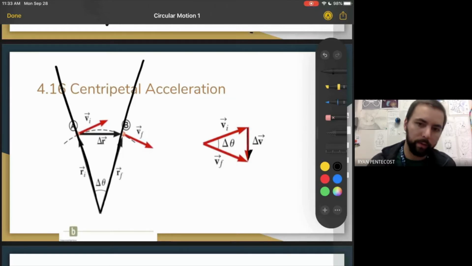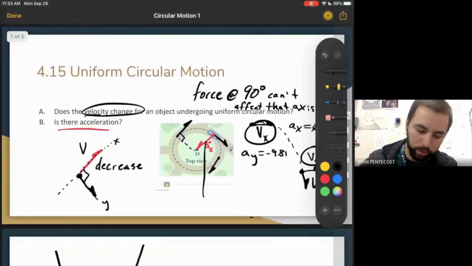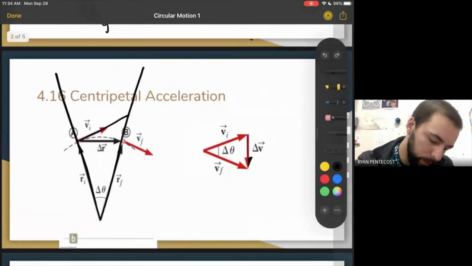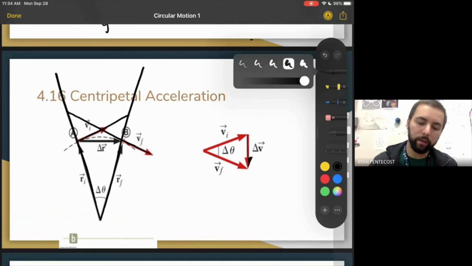The VI comes across here, then I need to mirror that. Oh, whoops. Isn't that fun? All right, let's come back down here. I'm going to continue that VF across there and get that straighter. VF. Bingo. Okay.